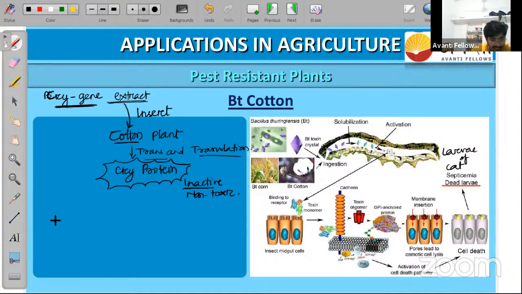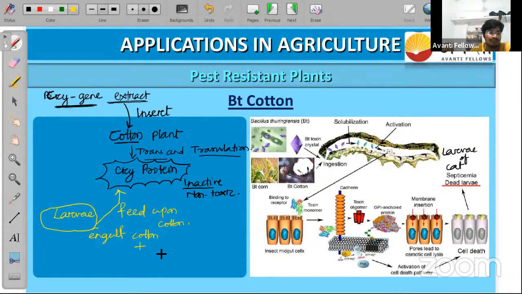Now whenever this particular larva is coming and eating the cotton plant, whenever this larva feeds upon the cotton plant, it will swallow or engulf the cotton plant. Along with the cotton, it will also engulf this cryoprotein, the crystalline protein.